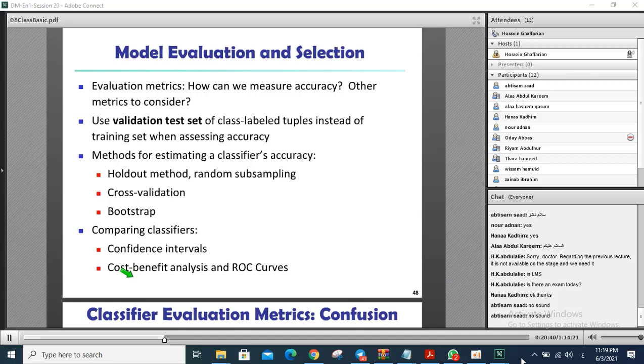We need to test all the classifier's capabilities against new tuples, against unseen tuples. So we need some measures, some methods to calculate this accuracy.